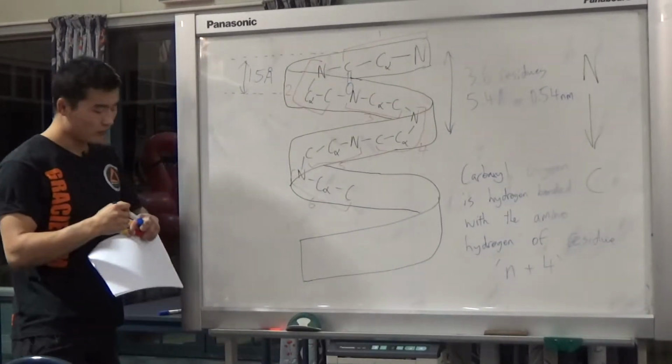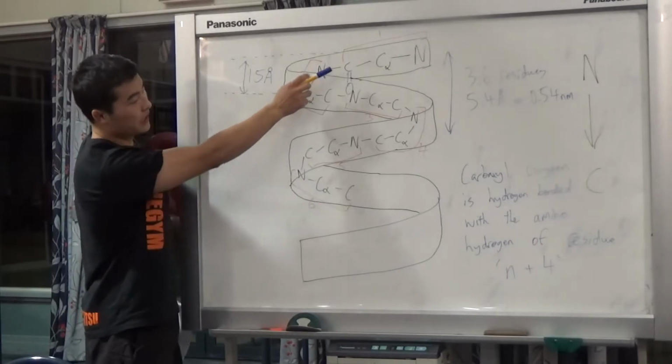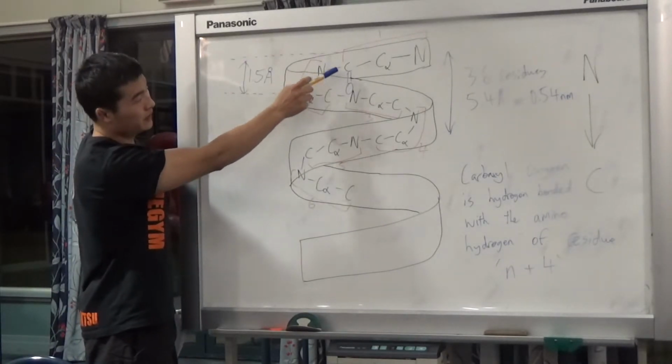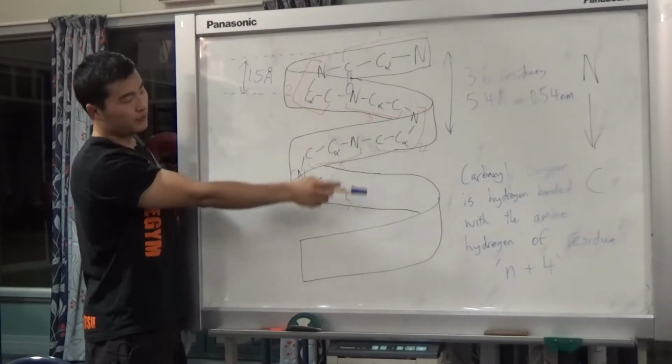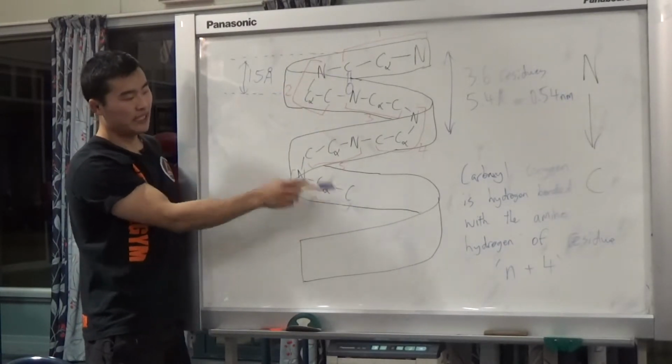Okay, so the carboxyl oxygen of residue number 1 will be hydrogen bonded to the amino hydrogen of residue number N+4.